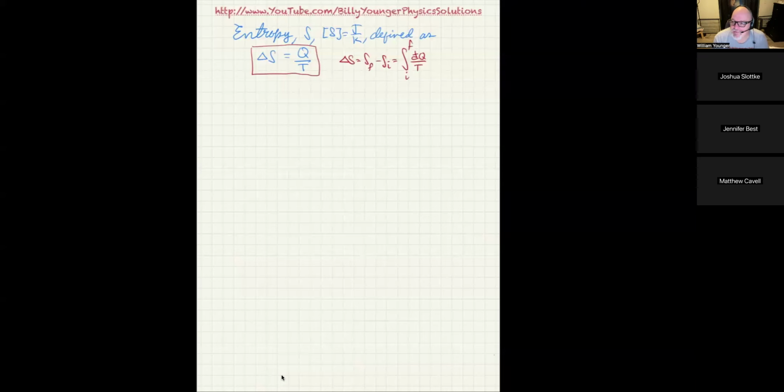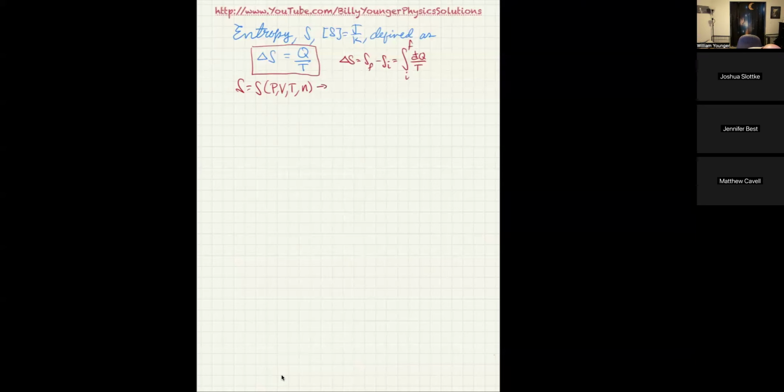Like you could say S, just for the heck of it, is a function of pressure, volume, and temperature, something like that. And let's say also number of moles.